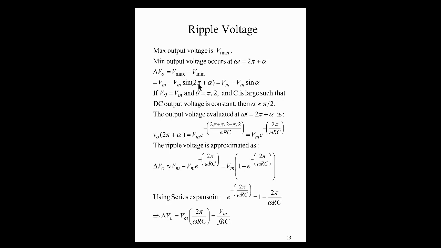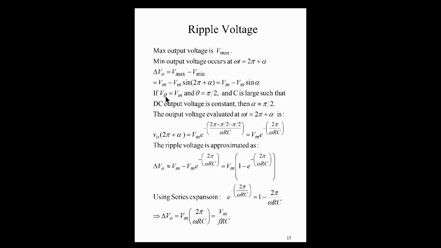So it's just Vm sine omega t plus alpha. So this is the difference you will be calculating, right? So when you do that, you're left with this expression, Vm minus Vm sine alpha.